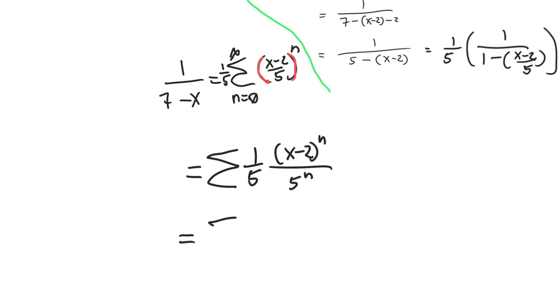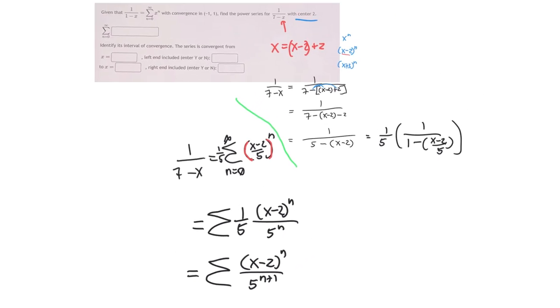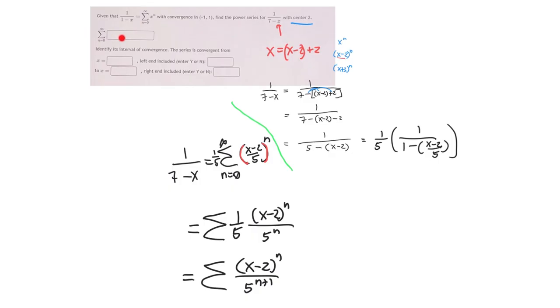And that's going to equal x minus 2 to the n, and then we have 5 to the n plus 1. Hopefully my student watching remembers why that would be from the previous problem. And that would be a good candidate to enter into the answer box right here.